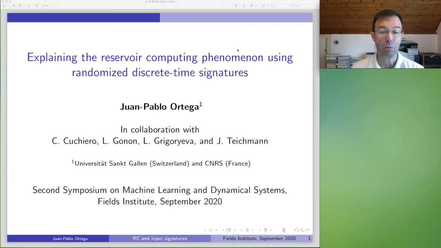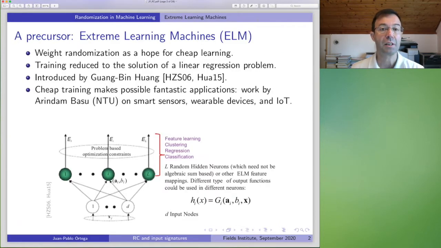Anyway, let me start with something that most of you know, which is these extreme learning machines. Extreme learning machines are just randomly generated neural networks, in which all you do in order to train is to solve a linear regression problem in the last layer, and that's all the training that you do in order to come up with a neural network that approximates a given function.